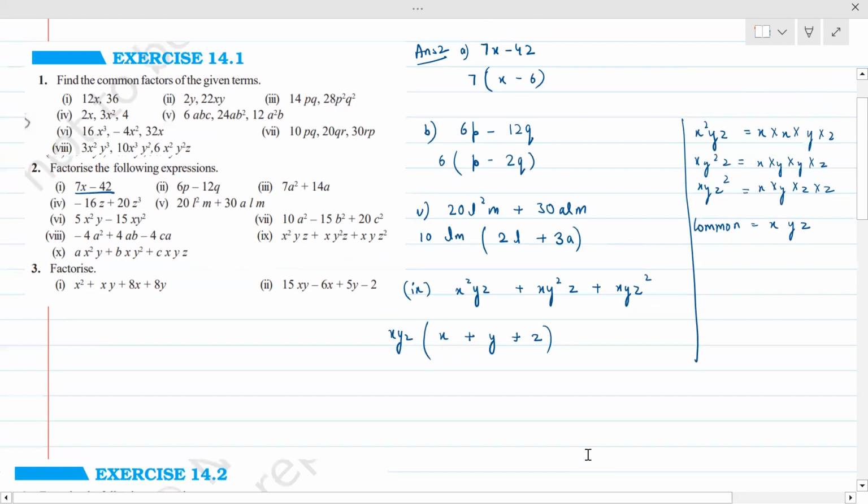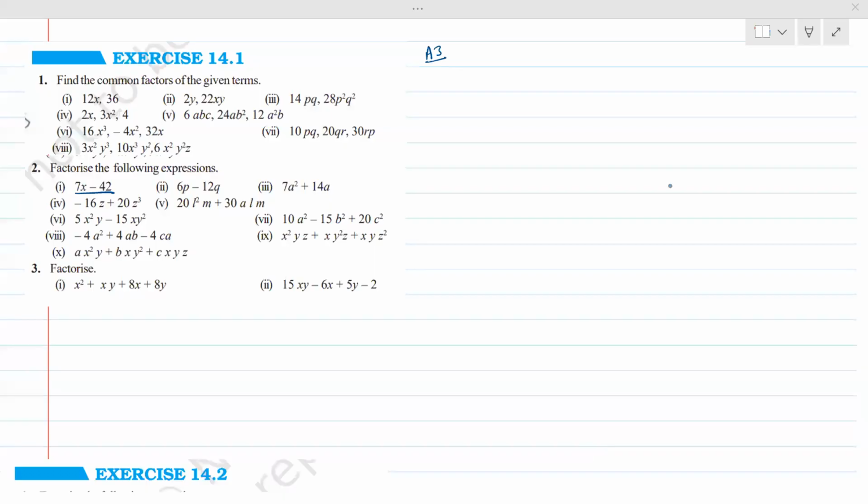Coming to question number 3. Factorize x square plus xy plus 8x plus 8y. So there are 4 terms now, and how will you factorize it?